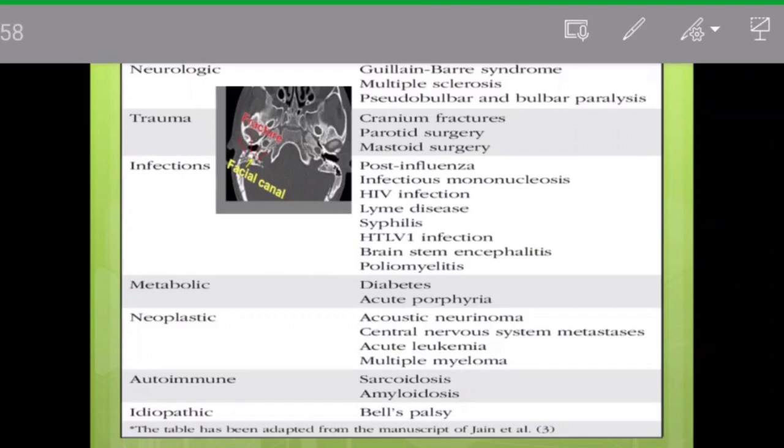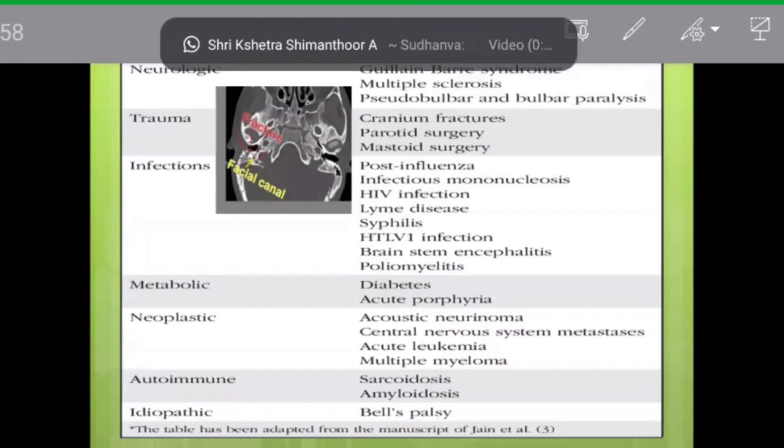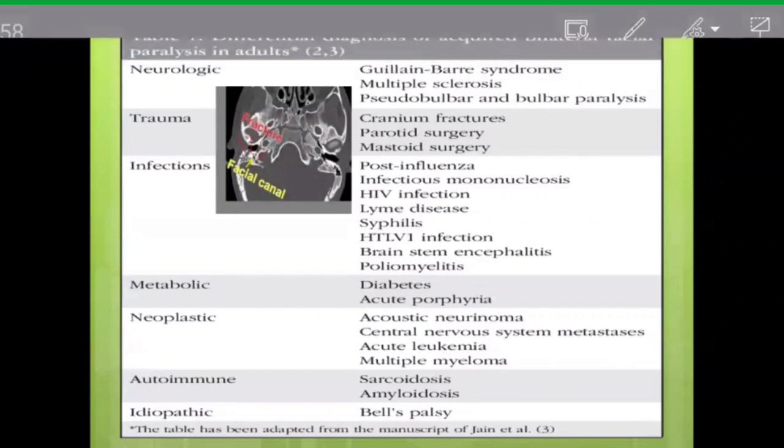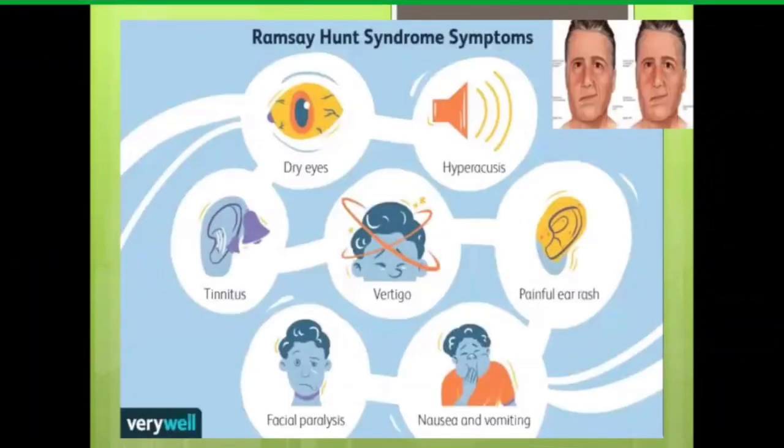Then infections like post-influenza infection, mononucleosis, HIV infection, Lyme disease, and syphilis, which we have discussed. And then metabolic, neoplastic, autoimmune and idiopathic causes. So these are the various presentations and causes of facial paralysis.